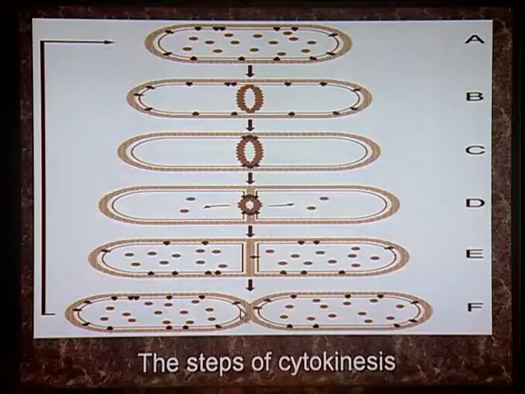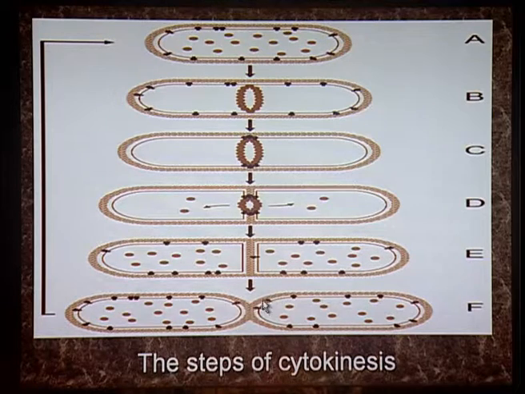All this is happening and the cell is elongating in size. So, at the last stage, the septum is complete and already they have started moving apart. And finally, this will be cleaved by the hydrolase action and the two cells will separate.